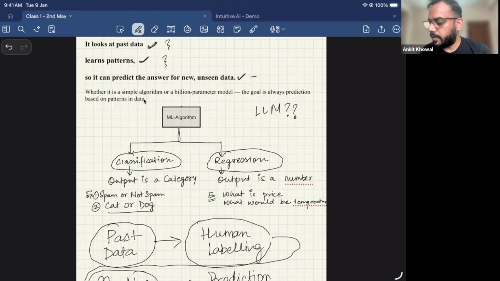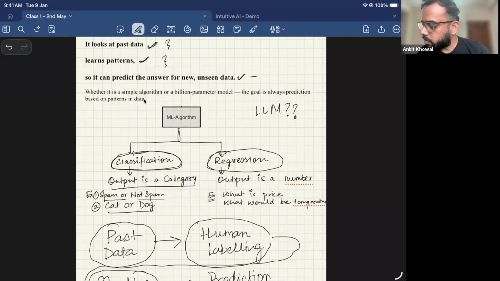Similarly, if you give it 1,000 emails marked as spam or not spam, and then give it a new email, it will be able to tell whether it belongs to the spam category or not. So here the output is just a category. These ML algorithms are called classification algorithms because the output is basically a classification.